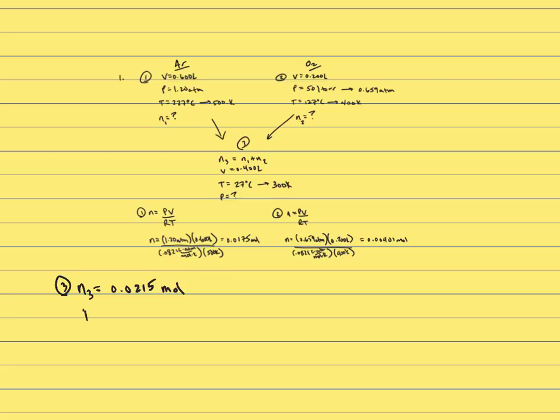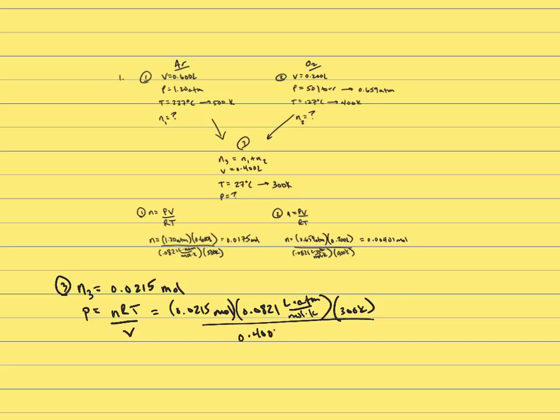So now I need to solve for pressure in situation number 3, so that's nRT over V. So I have 0.0215 moles times R, which is 0.0821 liters times atmospheres over moles times Kelvin, times T in the third situation, which is 300, divided by the volume, which was 0.400 liters, and let's see what our new pressure is.